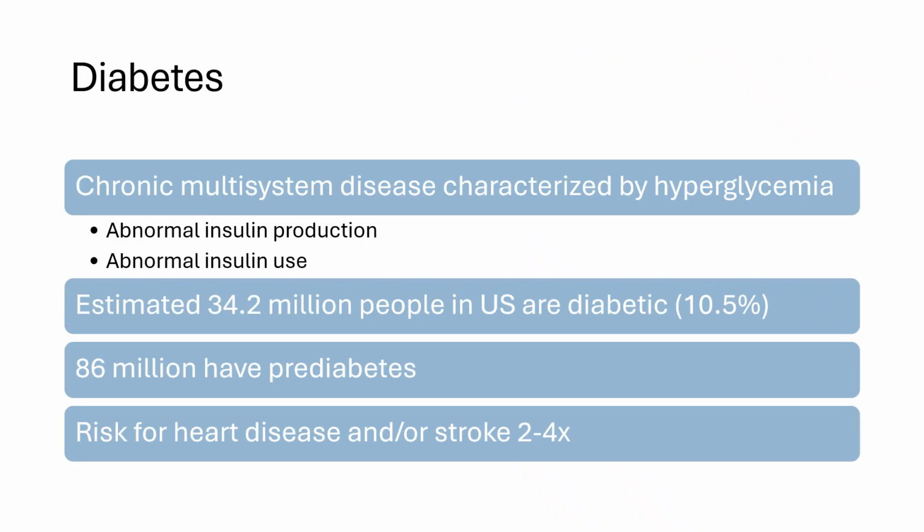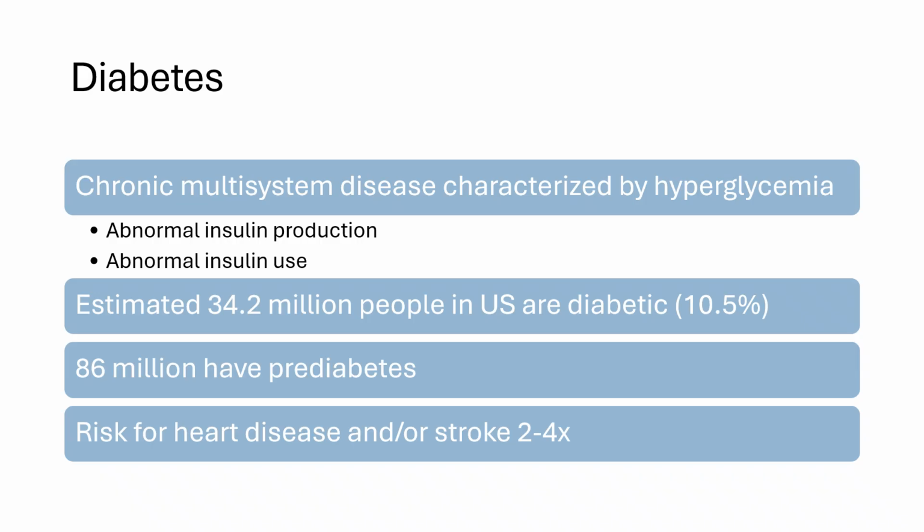So, what is diabetes? It is a chronic multisystem disease characterized by hyperglycemia, which is abnormal insulin production or abnormal insulin use. In the US, there's an estimated 34.2 million people that are diabetic, which is 10.5%.